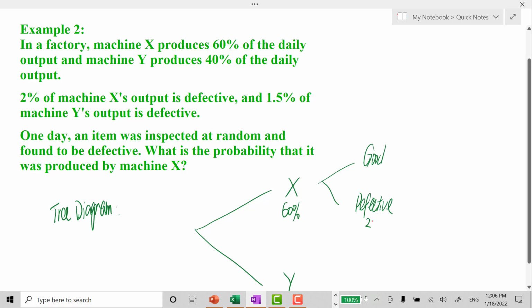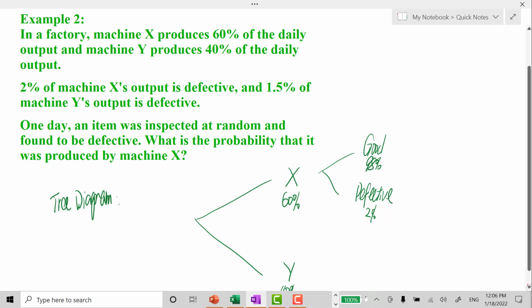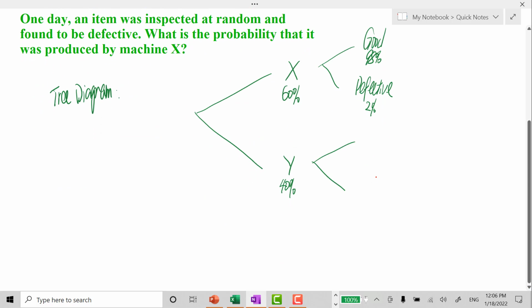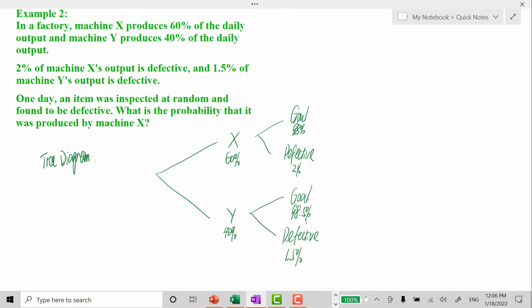So 2% of the outputs produced by machine X are defective. That means 98% of them are good items. Now for machine Y, only 1.5% of them are defective. The remaining must be good items, so 98.5%. So we have all this information provided.